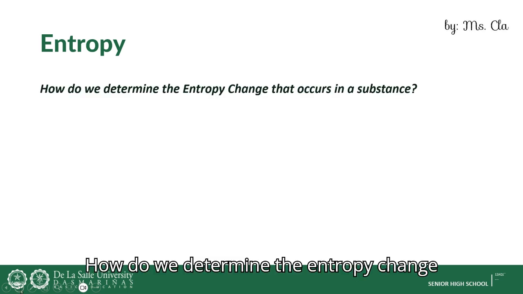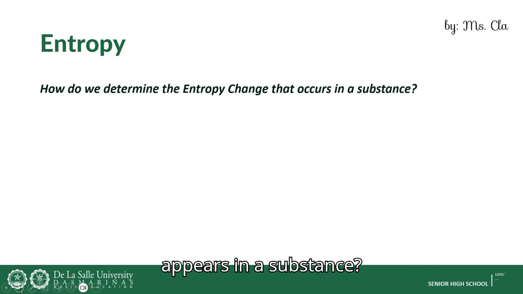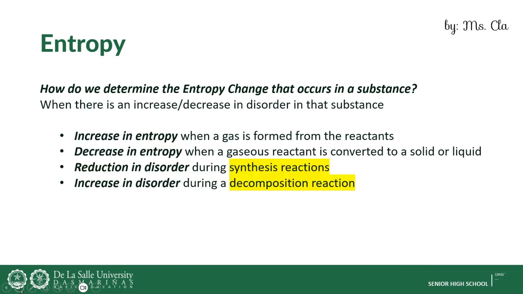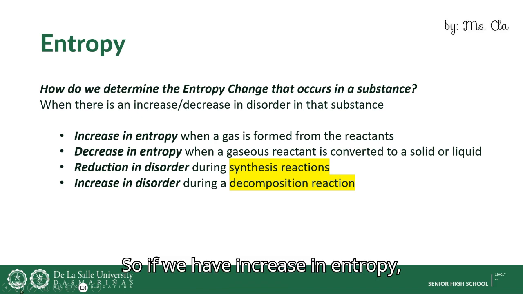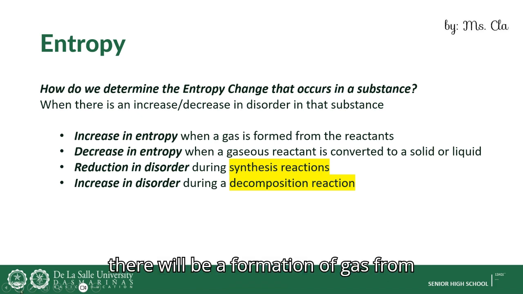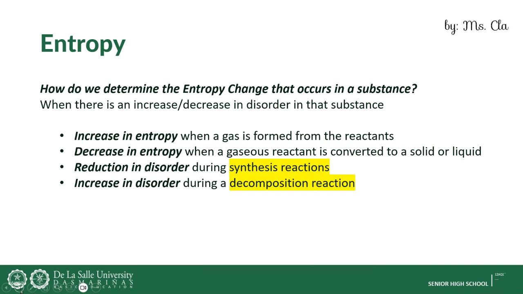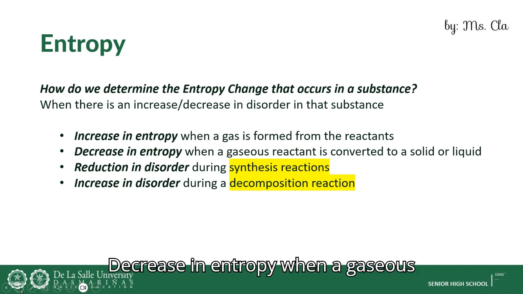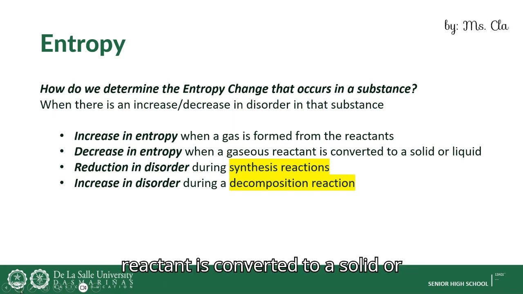How do we determine the entropy change that occurs in a substance? By knowing if the reaction will increase or decrease entropy. So, there is an increase in entropy when a gas is formed from the reactants. There is a decrease in entropy when a gaseous reactant is converted to a solid or liquid.